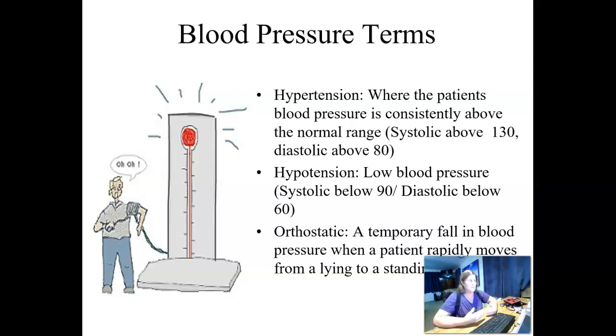Or for low blood pressure, you have a blood pressure of 92 over 56. That would still be considered a low pressure. Now, low pressures, we don't usually treat them unless they have symptoms with it. So if they have low blood pressure because they're bleeding, or because they're in shock, then that's definitely something we have to take care of. But some people just tend to run to the low side.